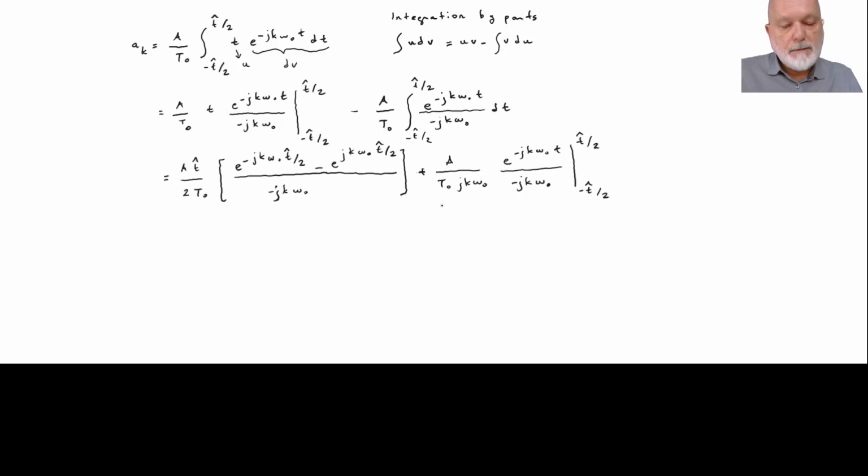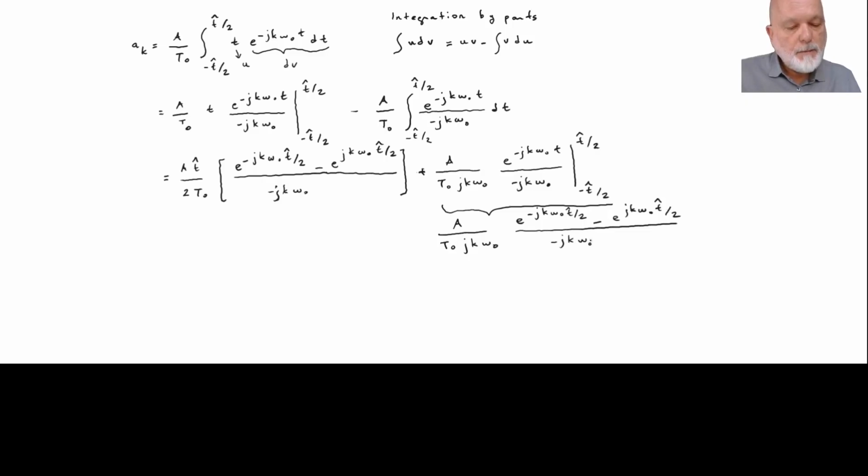But if we now consider this term here, we have a over t0 jk omega 0 e to minus jk omega 0 t cap over 2 minus e to jk omega 0 t cap over 2 divided by minus jk omega 0.